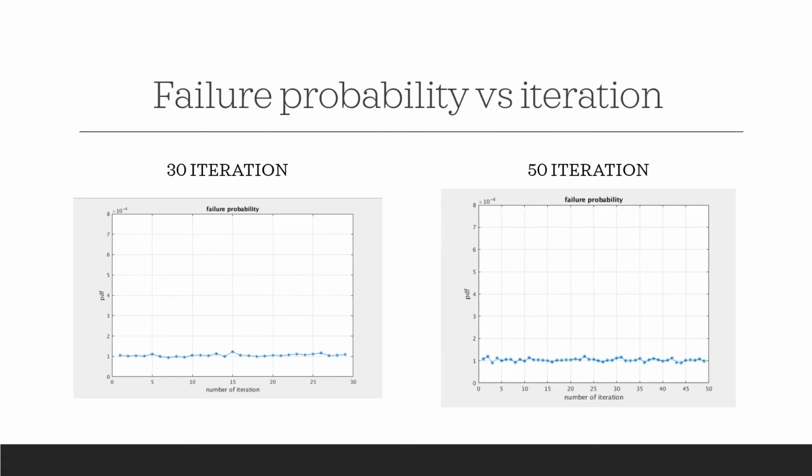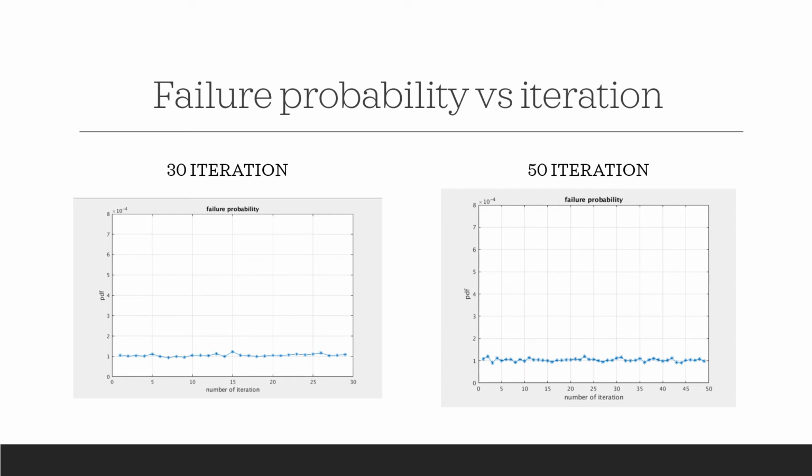Here are two more failure probability versus iteration plots with the same samples per iteration. In this case, it is 38. I can see the trend of failure probability of high sigma cases.